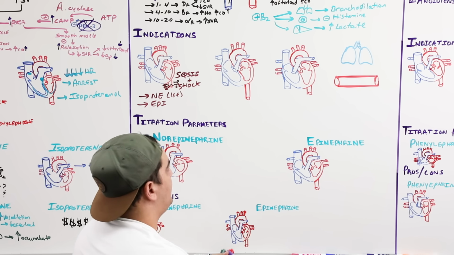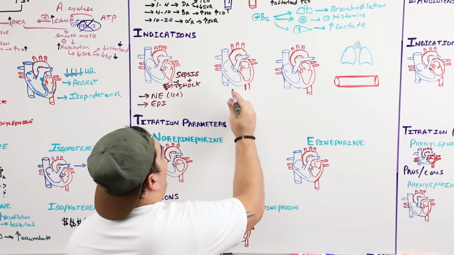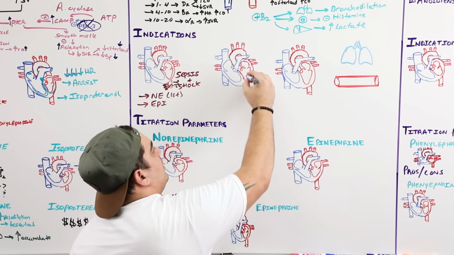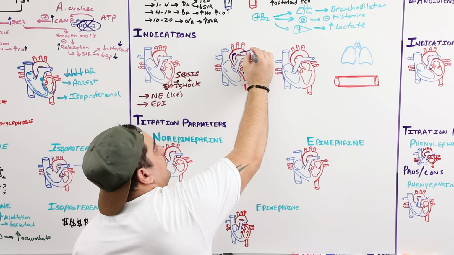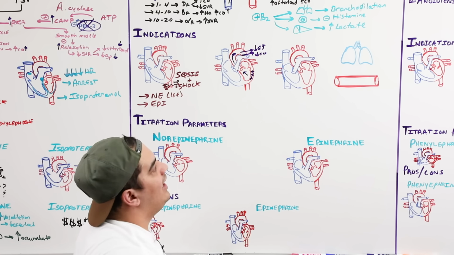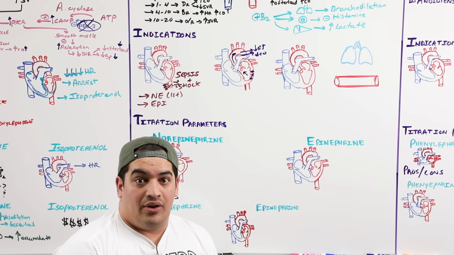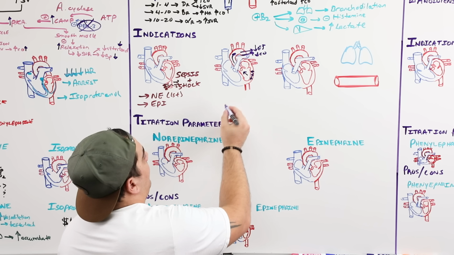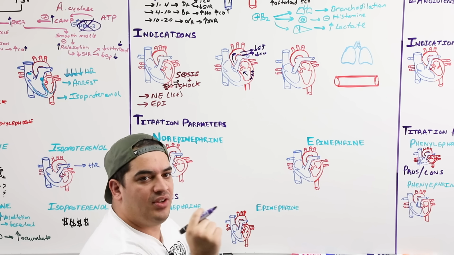If someone has, okay, let's say that they have cardiogenic shock, right? So they have cardiogenic shock, some of their actual ejection fraction is affected, right? So they have a low EF, they have a low cardiac output. In these types of scenarios, these drugs actually could be effective. Why? Think about it. What does norepinephrine do to the beta-1 receptors?